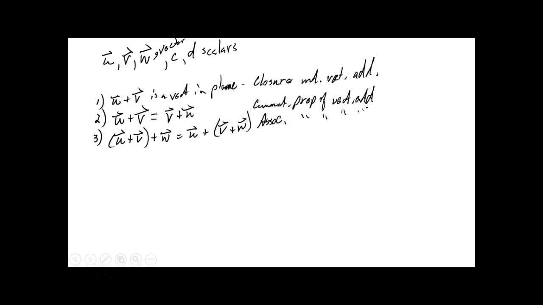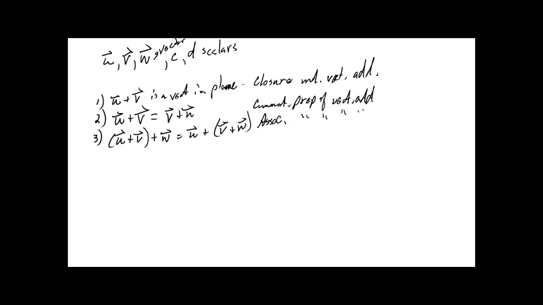Okay, now, what does that mean in reality? Especially if you take these two and combine them together. If you have 3 vectors you're adding, it doesn't matter what order or how you add them, whether you add the first 2, the second 2, you always get the sum.